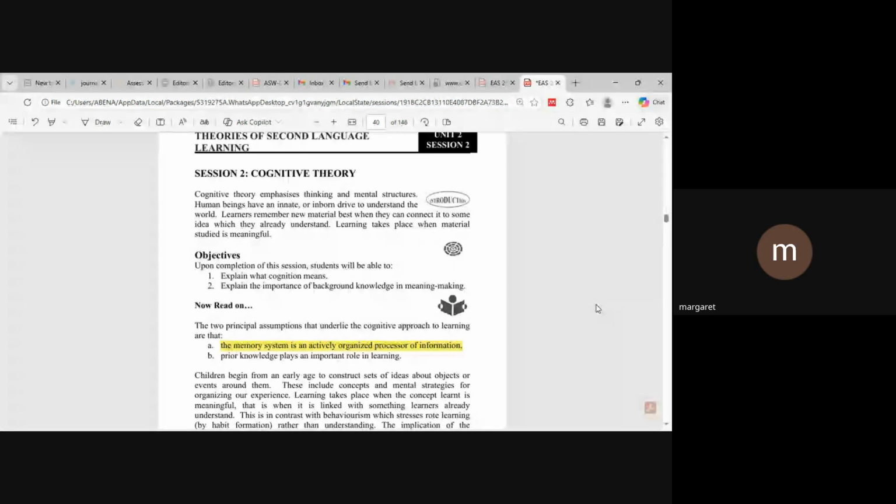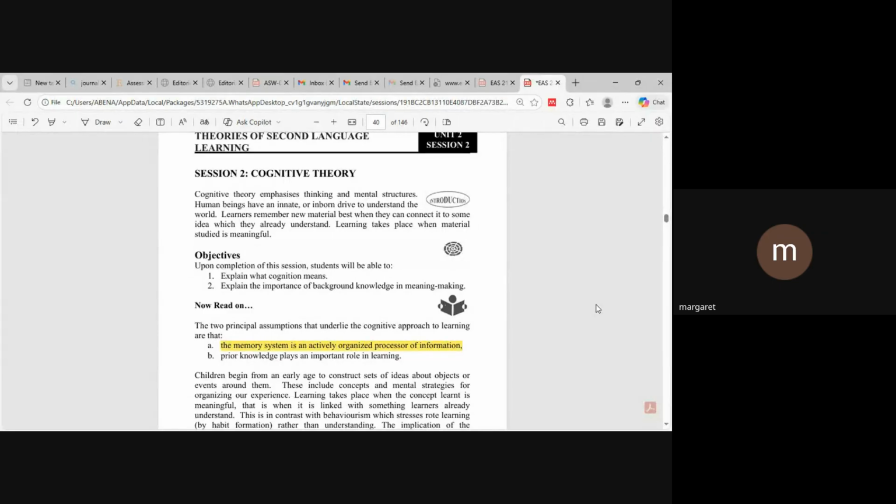Okay, now the second principle: they believe that prior knowledge plays an important role in learning. Because they believe that the learner already has the inbuilt ability, it means that the learner already has experience on what you are teaching. The learner is not passive; the learner is not an empty slate.